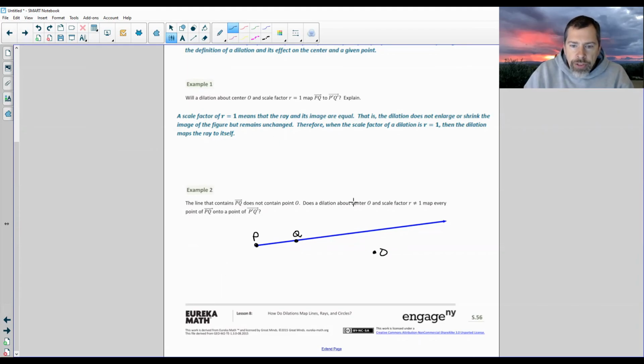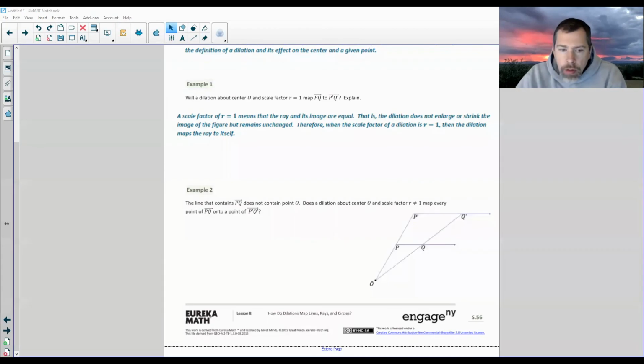Does a dilation about center O and a scale factor r not equal to 1 map every point of PQ onto a point of P prime Q prime? That is the question. Okay, so here's a diagram to explain that better. The line that contains PQ would be right here, continuing forever.